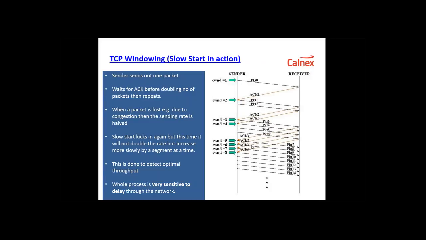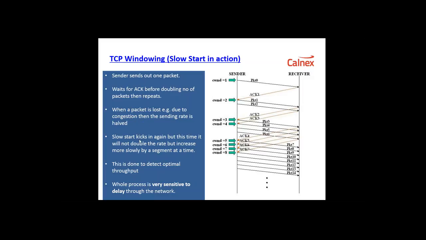And of course, once that transmission bandwidth is exceeded, or there's too much latency in the ACKs coming back, then TCP decides that I've now exceeded the available bandwidth, and then it reduces the transmission rate. In fact, when a packet is lost, whether it's congestion or takes too long, the sending rate is actually halved.